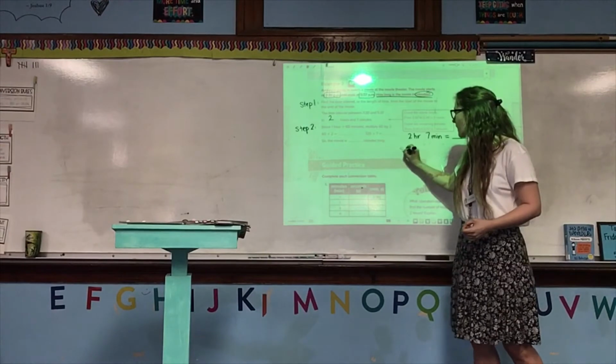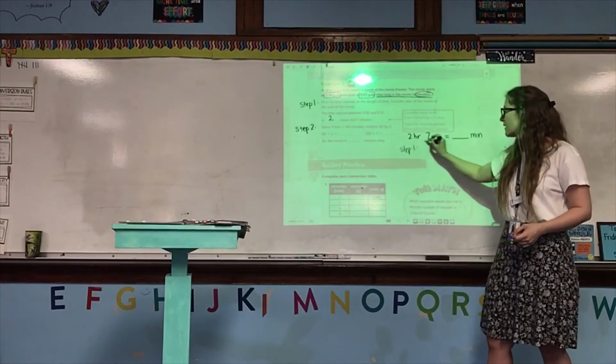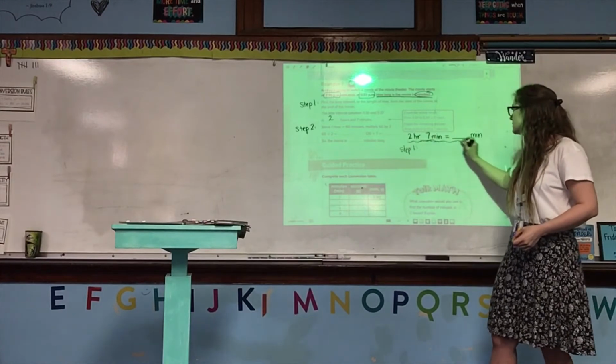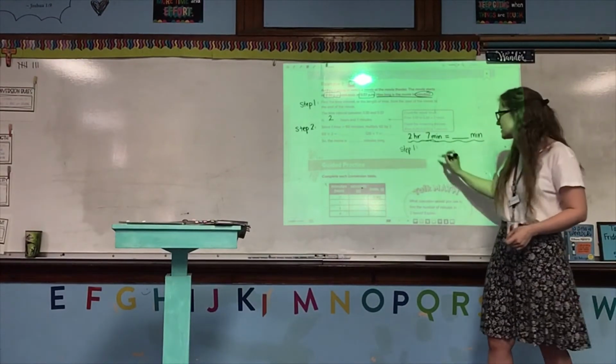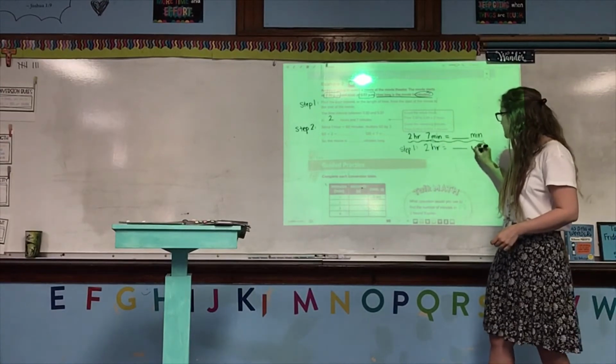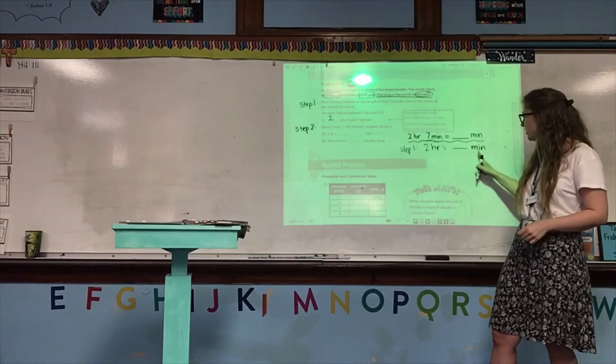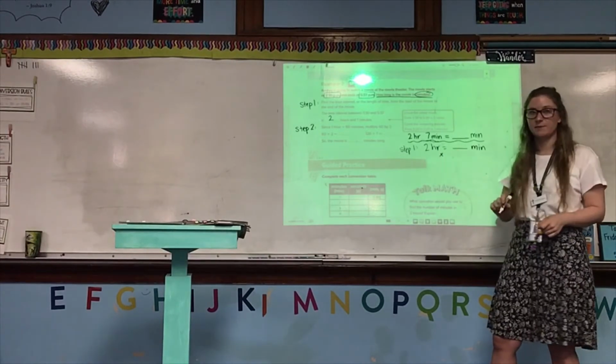So, step 1 is to convert those hours into minutes. So, 2 hours equals how many minutes? Well, hours are bigger than minutes, so we know we're multiplying.